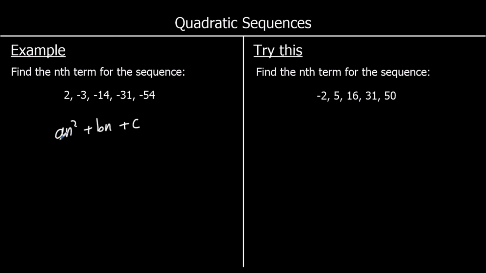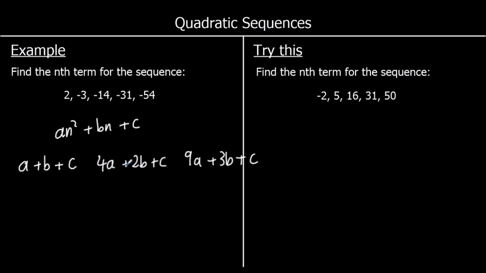When n is 1, we've got 1a, 1b, and c. When n is 2, 2 squared is 4, so we've got 4a, 2 times b is 2b, and we've got c. And when n is 3, 3 squared is 9, so 9a, 3 times b is 3b, and we've got a c.